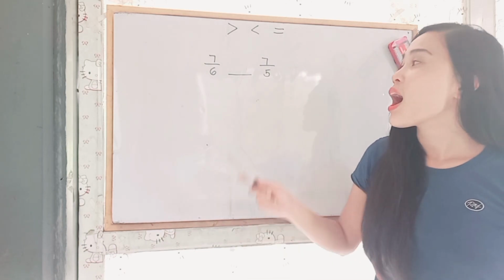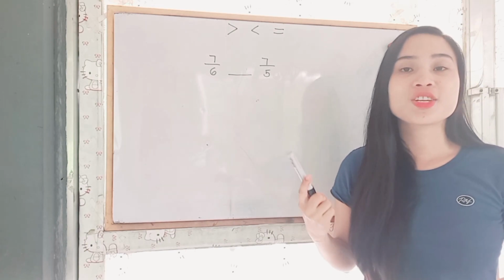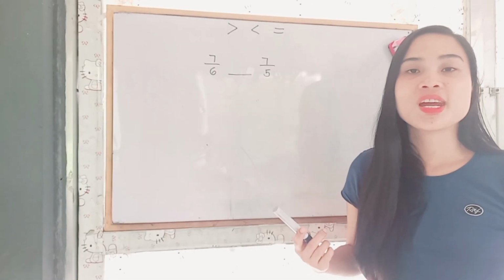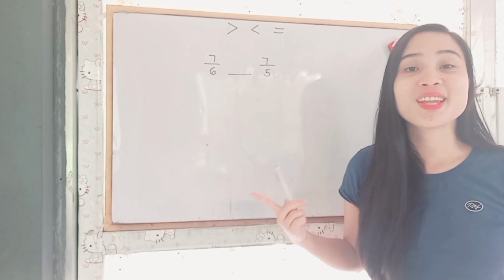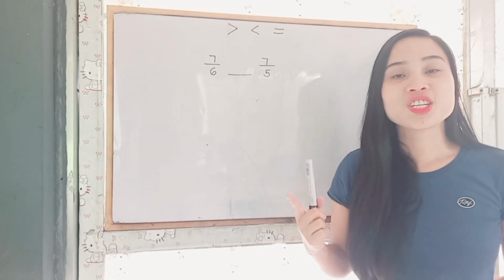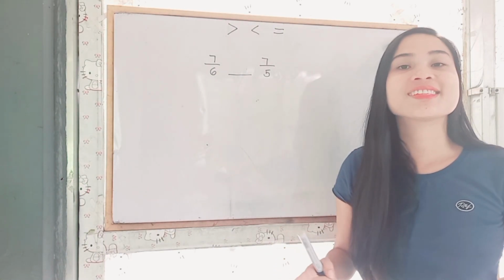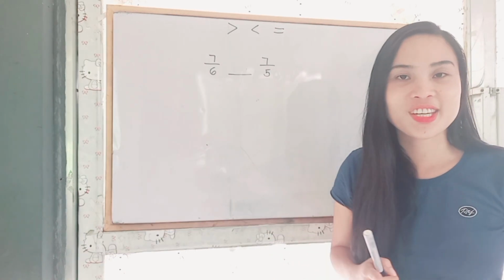So how to compare fractions with the same numerator? To compare fractions with the same numerator, just look at their denominator. The fraction that has the lesser denominator, that is the greater fraction.